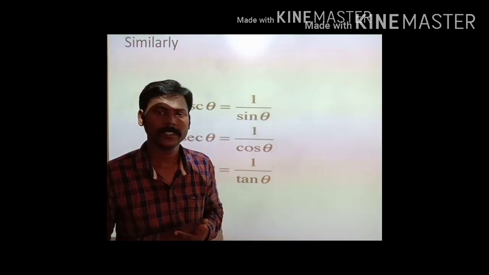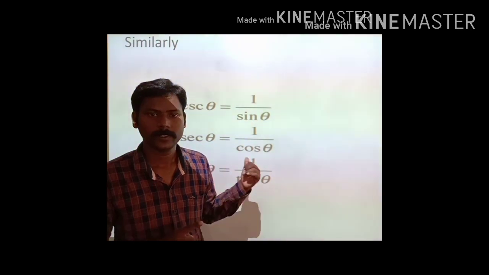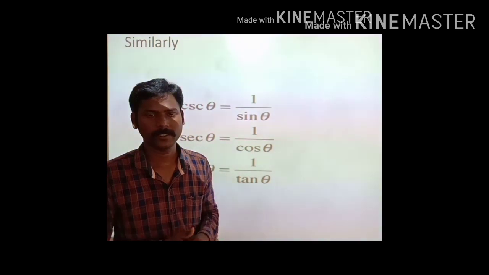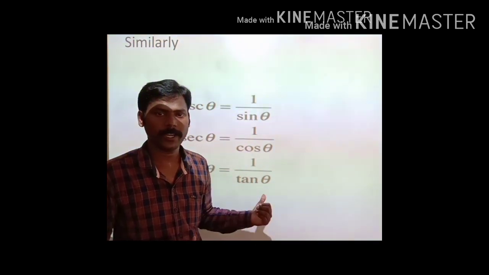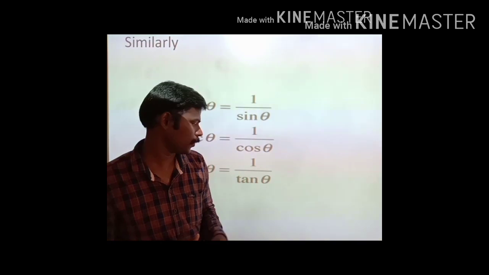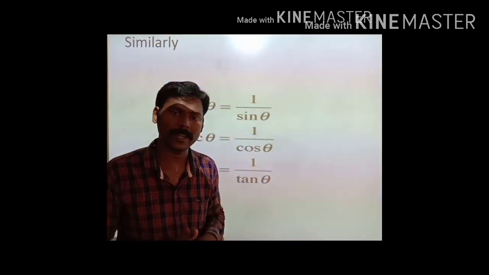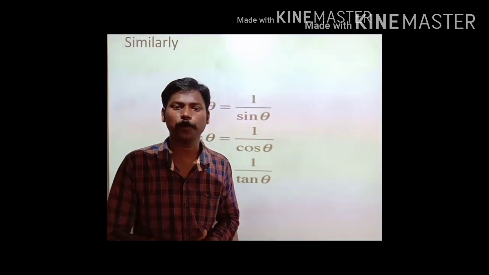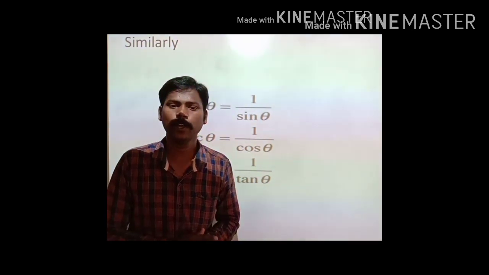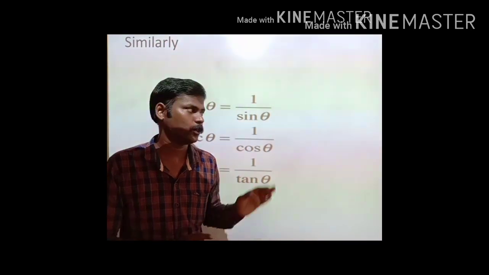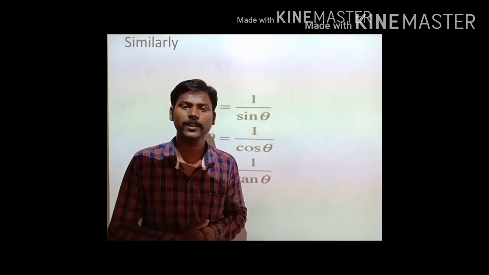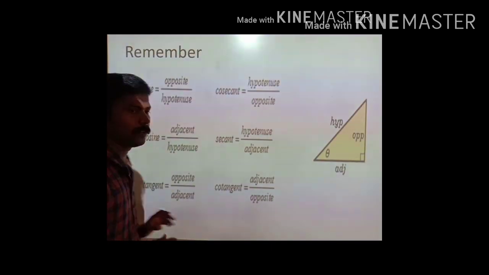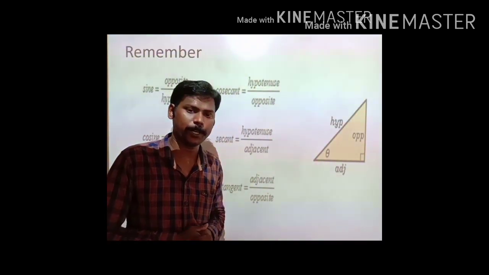Secant theta means 1 by cos theta, hypotenuse by base. Cot theta means 1 by tan theta. Already we know tan theta is opposite by base, its reciprocal is base by opposite. So cot theta equals base by opposite. Those are the 6 trigonometric ratios. So all of you look at the board, observe and note it down.